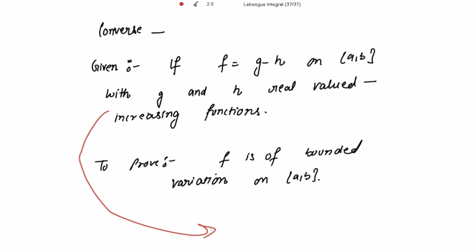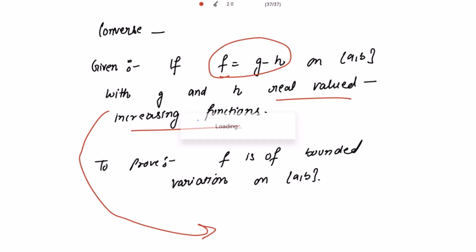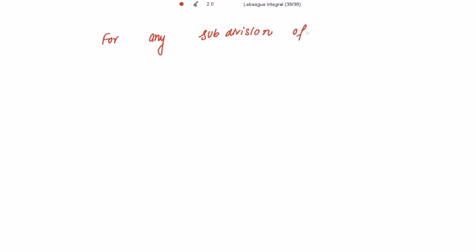So starting from here, for any subdivision of closed interval [a,b], we have small t equal to the summation of the absolute value of f(x_i) minus f(x_{i-1}).